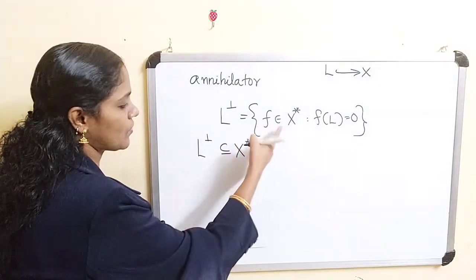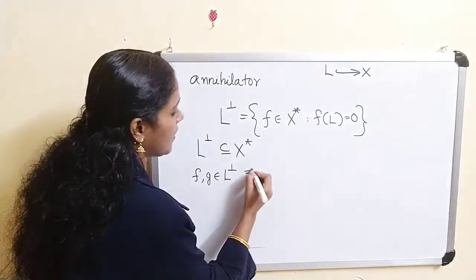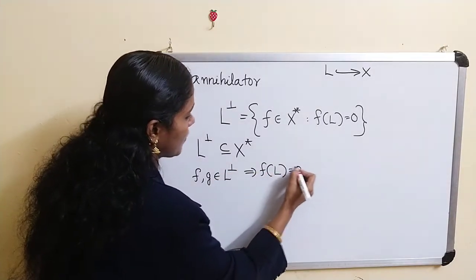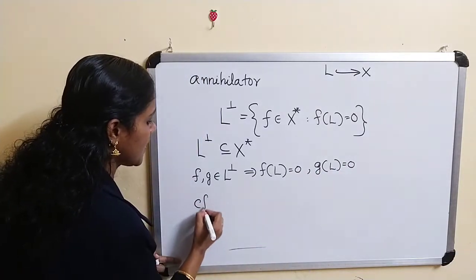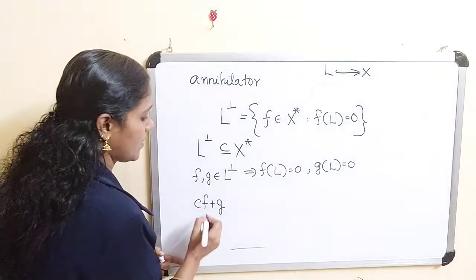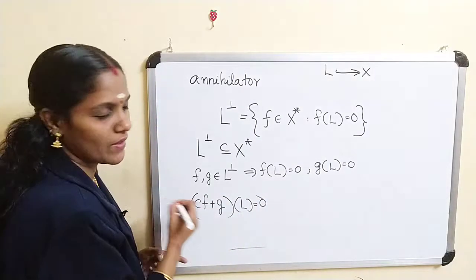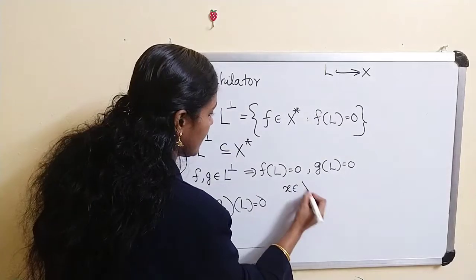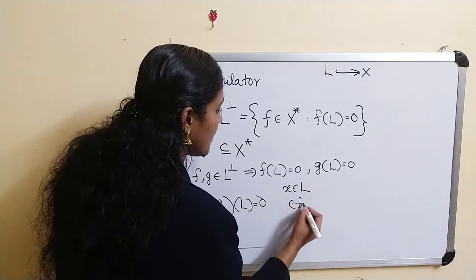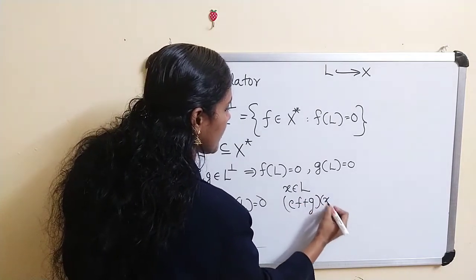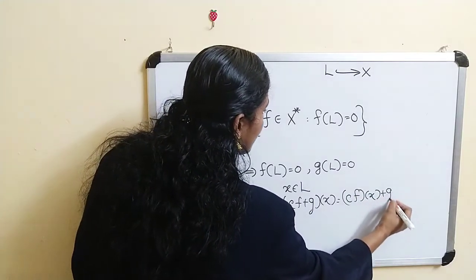Now we have to prove this is a subspace. Okay, you choose two elements of this set. Let f comma g belongs to L perp. This implies f of L equal to 0, g of L equal to 0. Now consider Cf plus g. We have to prove Cf plus g of L is equal to 0. So for any x belongs to L, Cf plus g of x you can write as Cf of x plus g of x, as g is linear.